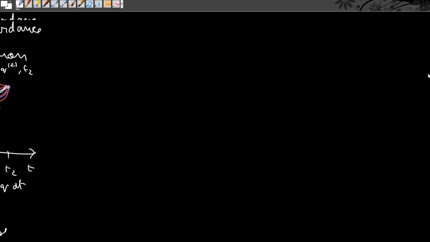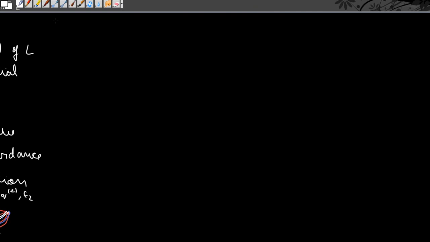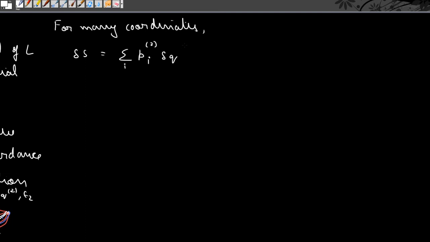Similarly, for many coordinates, the analysis is exactly the same, and we will get del s equal to summation over i of pi of 2 del qi of 2, which implies dou s by dou qi of 2 is equal to pi of 2.